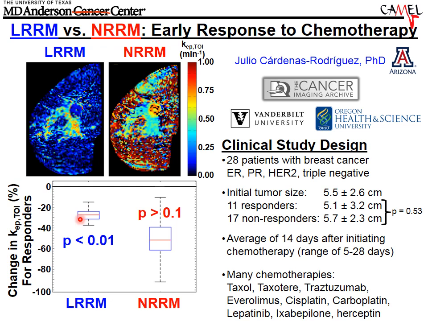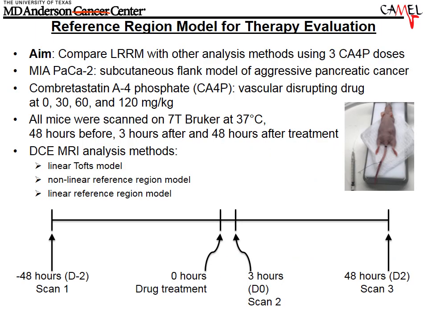If we saw a significant decrease, then this patient was going to be a responder. And we had excellent results in the study. The nonlinear reference region model clearly has a lot of variability, and we could not detect the responders from the non-responders using this technique.